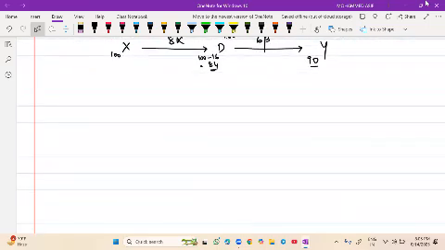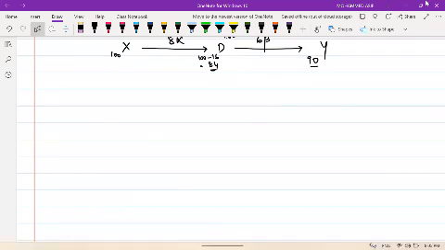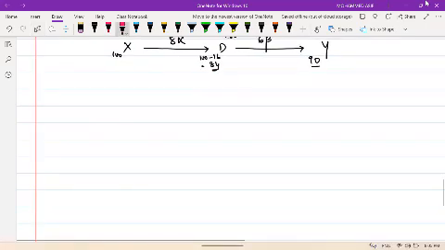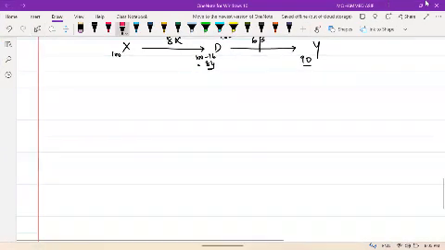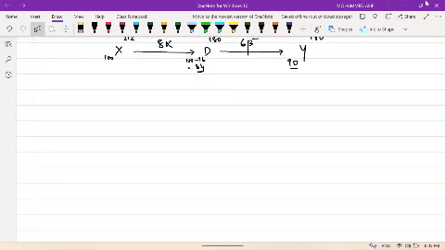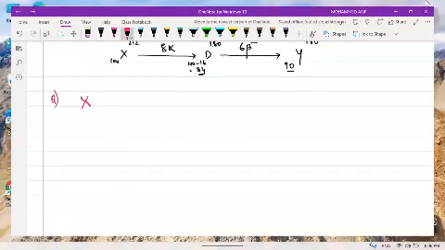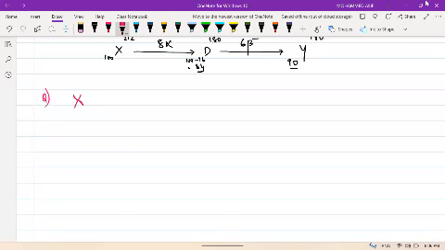Now think and give me the answer for this question. This is your X. Here the atomic number is 98 and the mass number is 204.